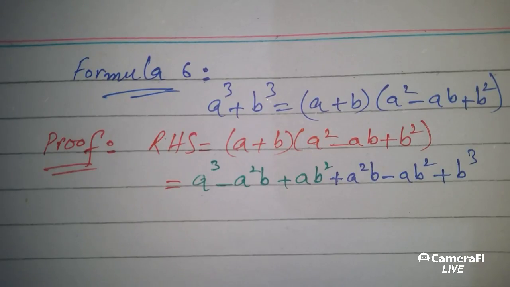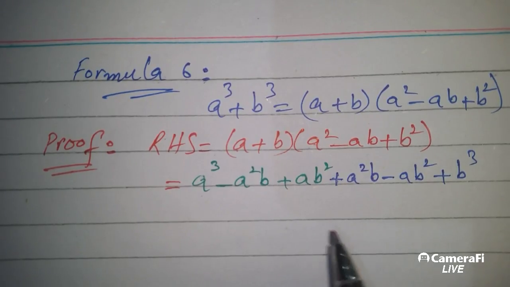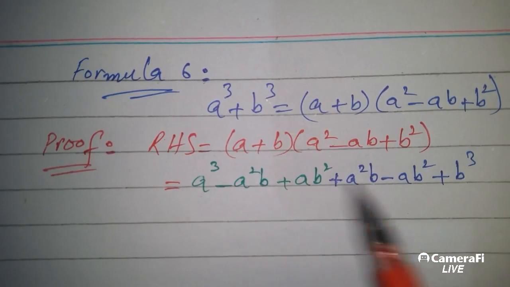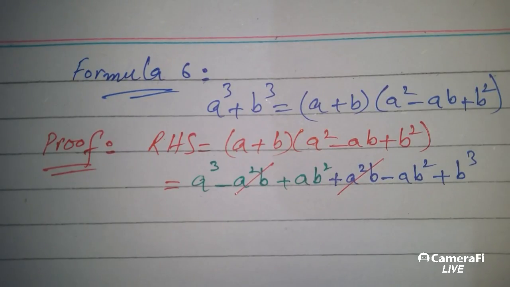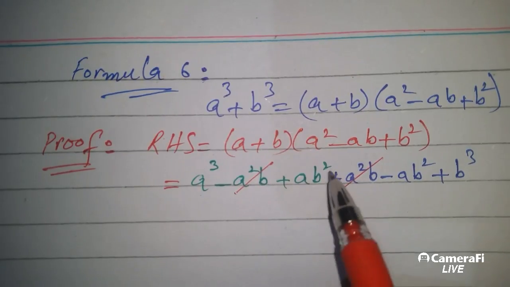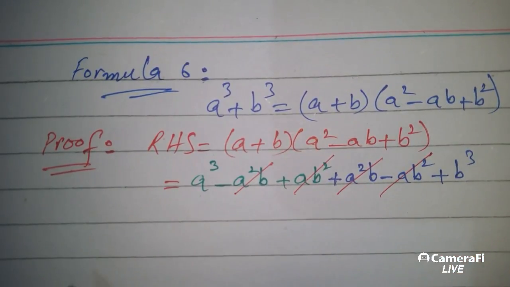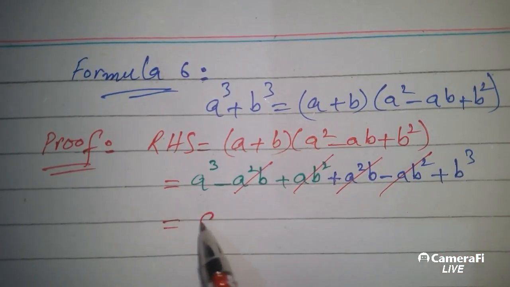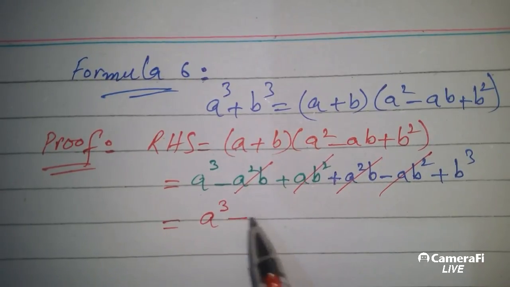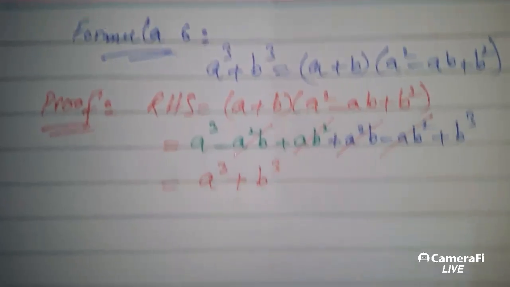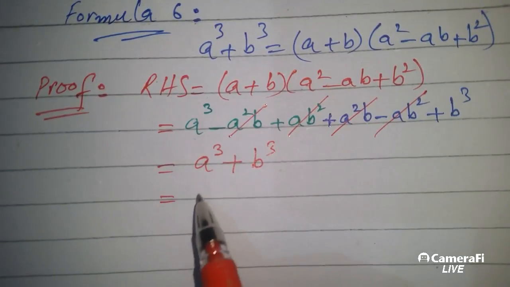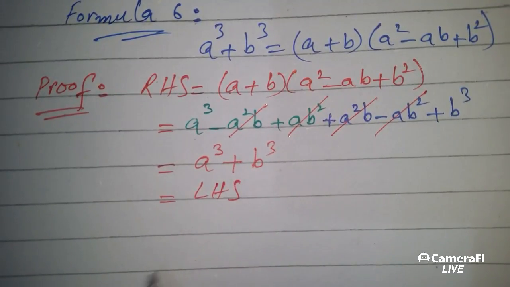Now you can see that we can just cancel these terms. Minus a square b plus a square b will cancel out, and ab square and minus ab square will cancel out, and we will have these two terms, the remaining ones, which happens to be the right hand side.